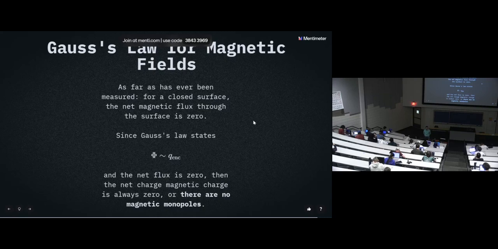Or again, in at least our universe, no magnetic monopoles exist. Wherever there is a plus charge, you will always see a minus charge. Wherever there is a north pole, there will always and forever be an associated south pole. Magnetic field lines, another way to think about this, always form complete enclosed loops.